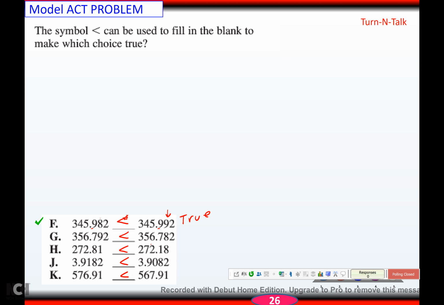The rest of them, if you check real quick, tie to 7, 9 is bigger than 8, so this would be going the wrong way. 8 is bigger than 1, so again, this needs to go the other way. 1 is bigger than 0, so that number is bigger. And 7 is bigger than 6, so again, that one's bigger. So the only one that's true, if you place it that way, is F.